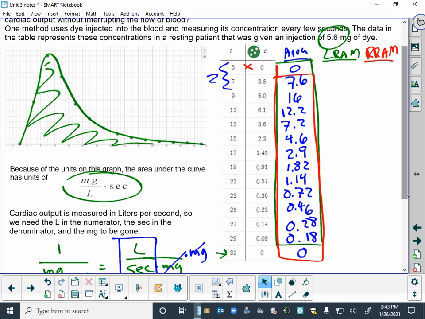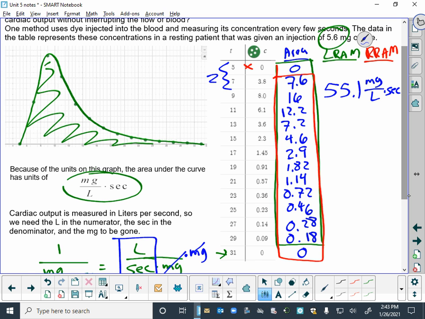And when I add those all together, I get a 55.1. And remember, the units on that are milligrams per liter times seconds.